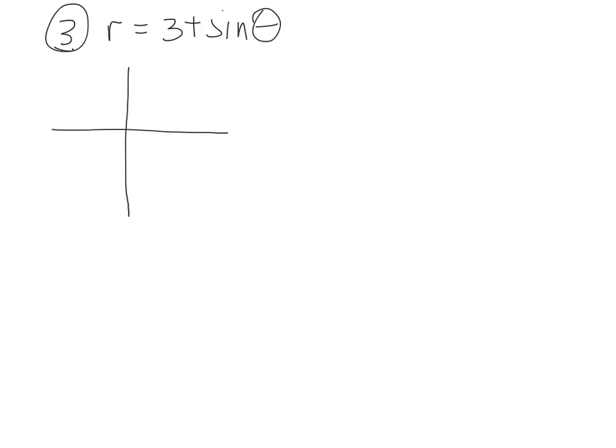Alright, so here's example 3. We are going to find the area of the polar curve represented by the equation r equals 3 plus sine theta. So you might recognize this to be the equation of a limacon, convex.